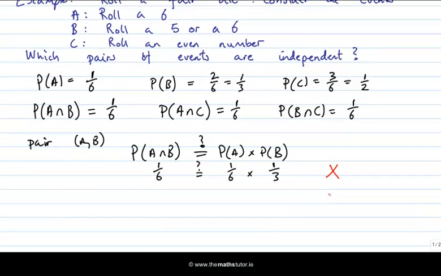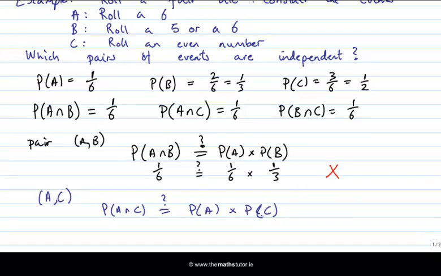Okay, so let's look at the other pairs. Let's take the pair AC. So is rolling a 6 independent of rolling an even number? So is the probability of A intersection C equal to the probability of A times the probability of C? That's what we have to ask, right?